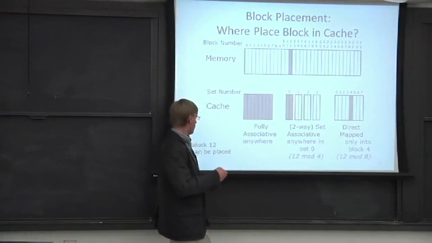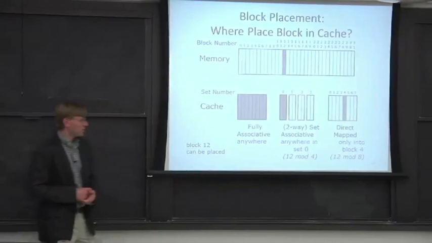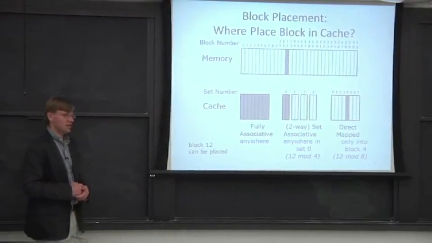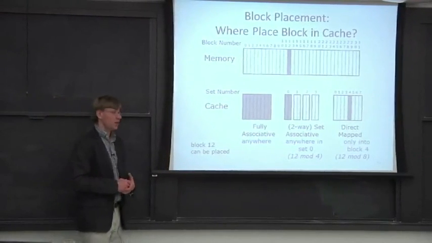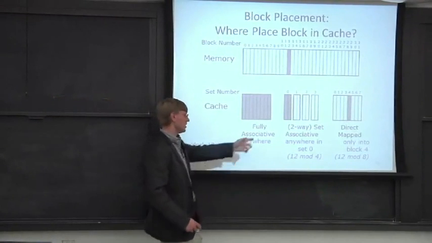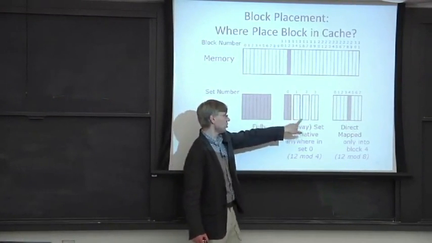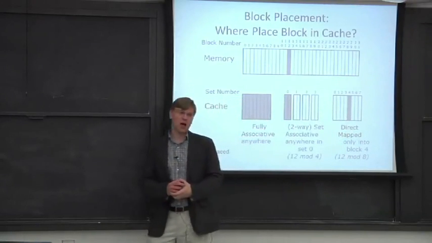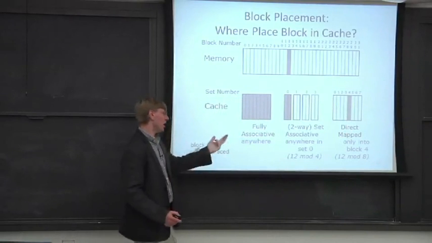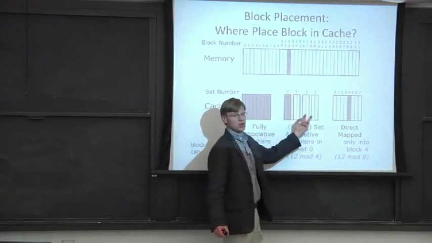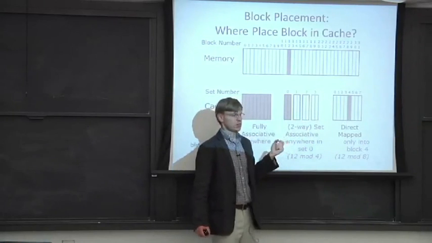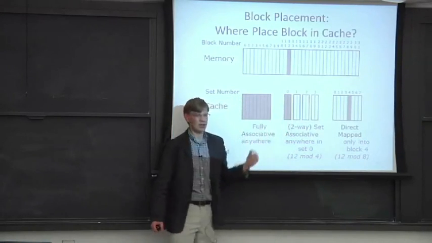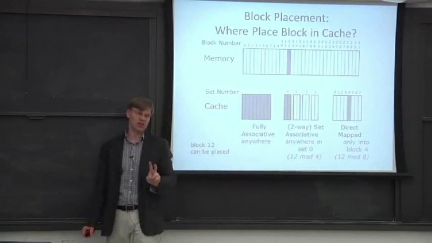OK, then one step up from there, we can start to look at things like set associativity. What set associative means is that instead of having only one unique location where a block can be placed, you allow it to be in some number of locations. So in this drawing here is a 2-way set associative cache.